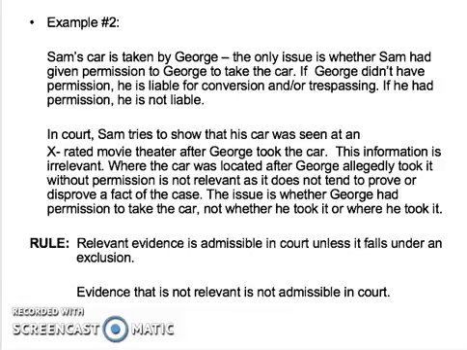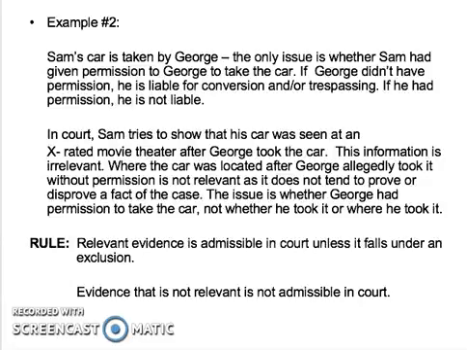So another example that we used to use from a separate evidence textbook, and this came from that. Sam's car is taken by George. The only issue is whether or not Sam had given permission. Now, Sam's car is then seen in an X-rated movie theater. And so now they're in court, and Sam's suing George for taking his car and for damages to the car and whatever.